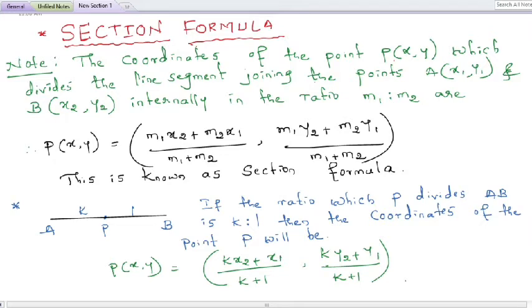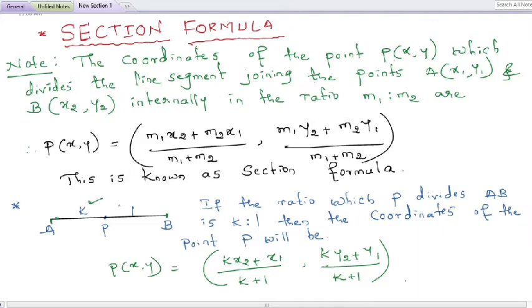if AB is a line segment, see I have drawn here, AB is a line segment, then here P is a point which divides in the ratio k is to 1.